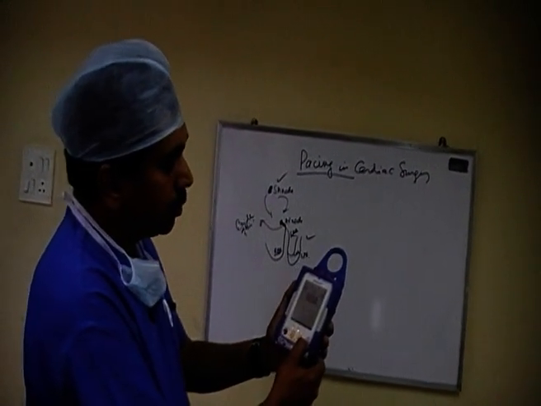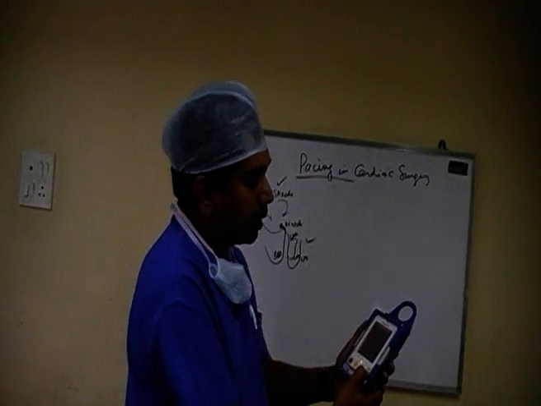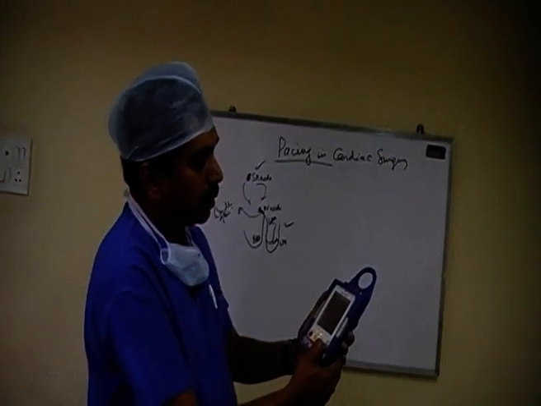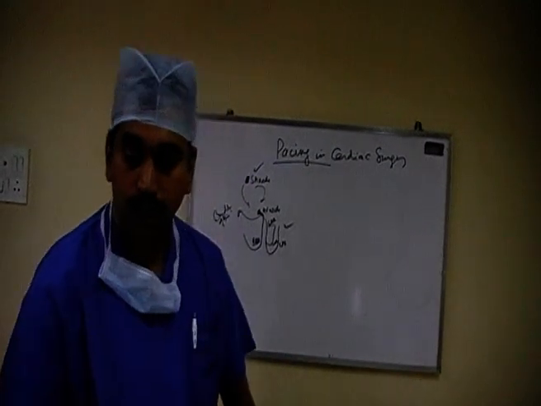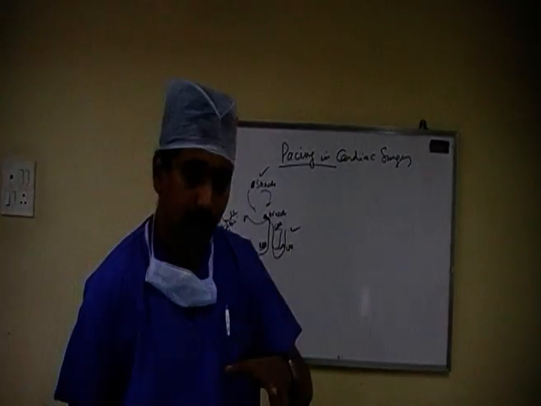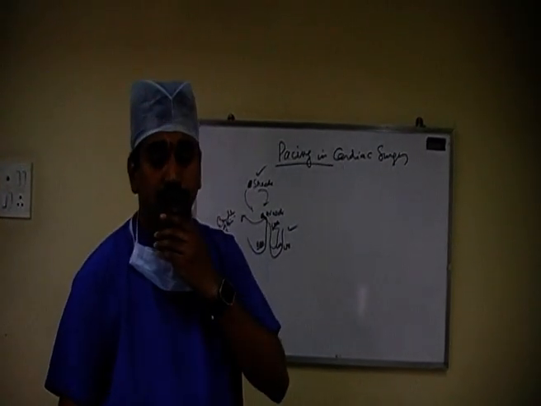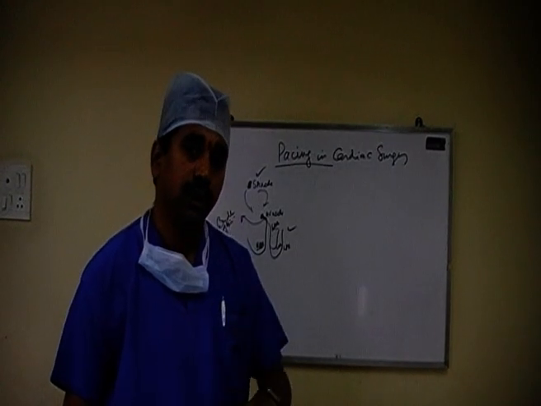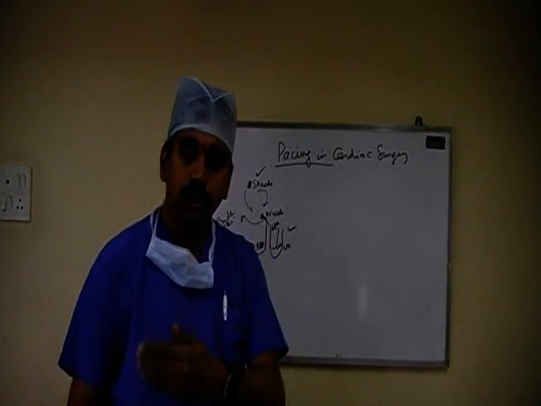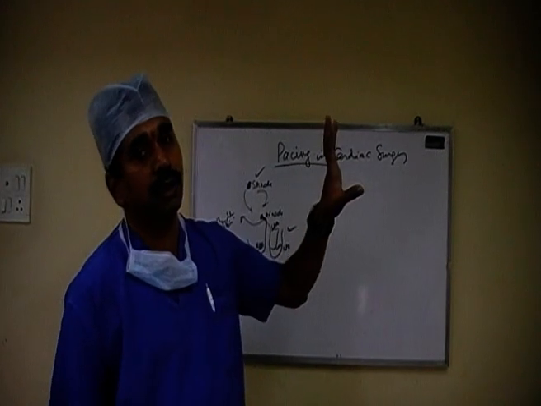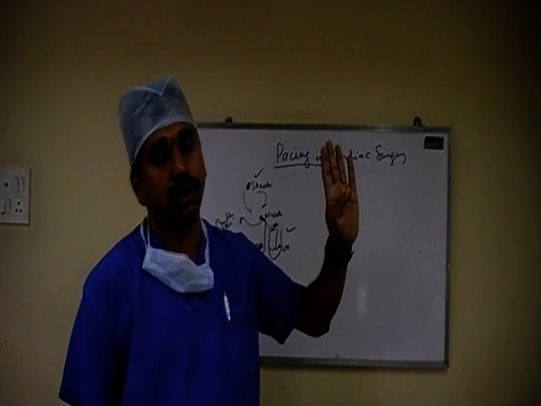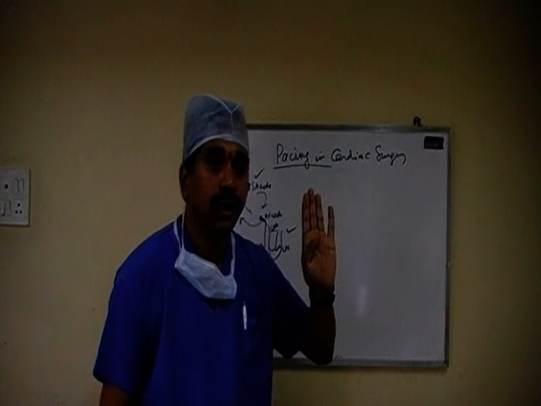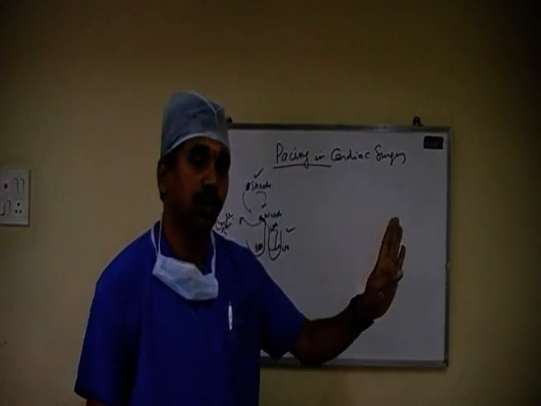Whenever you are posted in a cardiac ICU, familiarize yourself with the pacing boxes and know how to operate them, how to make the connections, and once you start pacing, you will see the pacing spikes on the monitor, and make sure that the pacing is working properly.